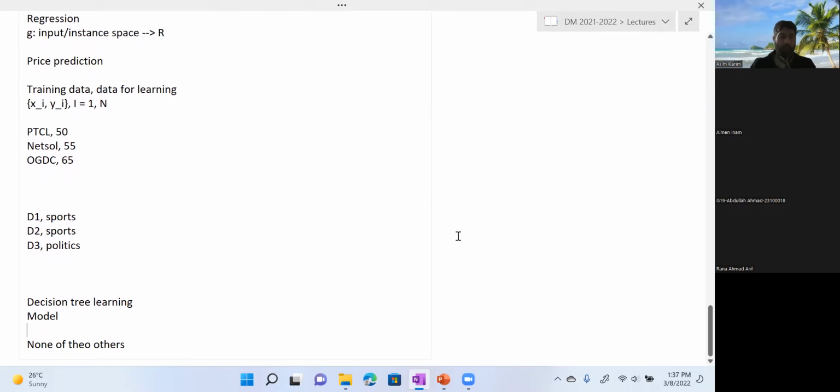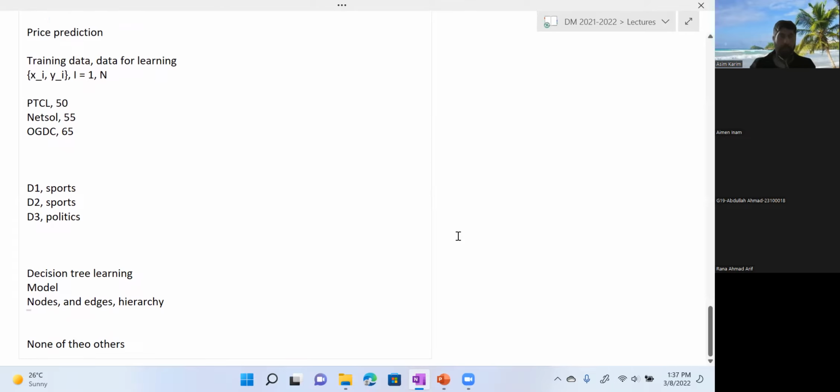It's of course a specific type of data structure which has nodes and edges, and usually it is in a hierarchy. We will discuss this next time in more detail.